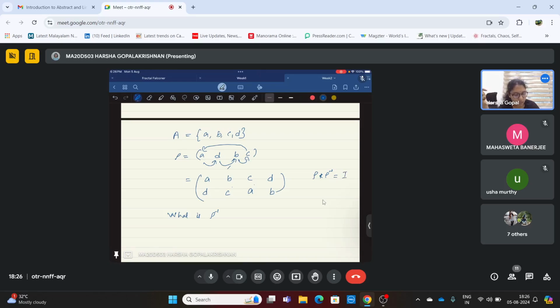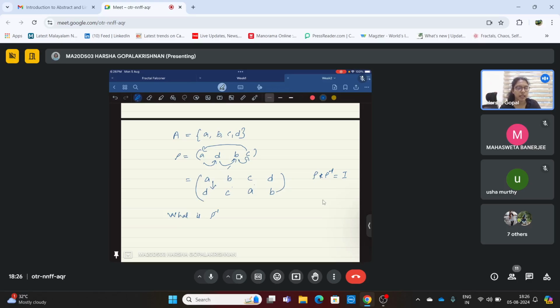That means if I apply rho inverse first and then rho, composing two times, then A should go to A, B should go to B, C should go to C, D should go to D. For example, here we know A is going to D. So where should this D map under rho inverse? In rho, A is going to D. Then in rho inverse, where should it go?